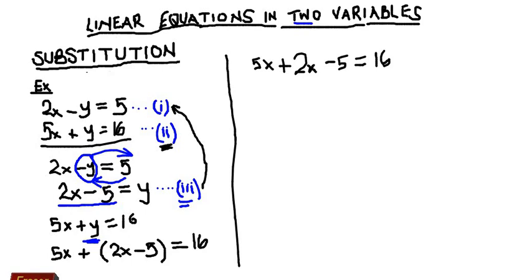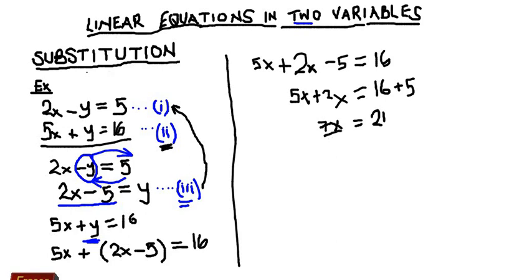So we have 5x plus 2x, these are like terms. Then the negative 5 will appear as positive 5 across the equal sign, giving us on the left hand side 7x and on the right hand side 21.